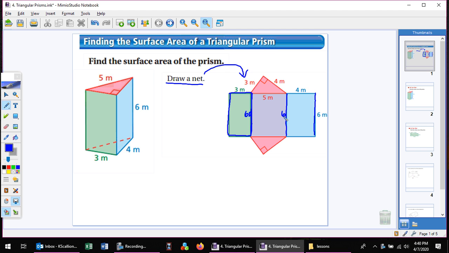These two red triangles are congruent, which means they are the exact same thing. So this side would be 3 and this side would be 4. It would have a base of 5. It's a right angle triangle. So that's laying it flat.